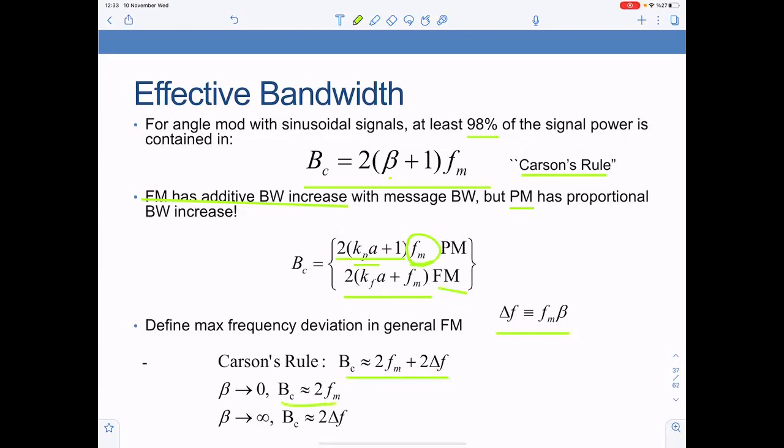So the effective bandwidth is approximately twice fm, which is consistent with conventional AM. In the wideband limit, the bandwidth expansion is controlled by delta f. Okay, so approximately it's going linearly with fm. Okay, so that's it for today.